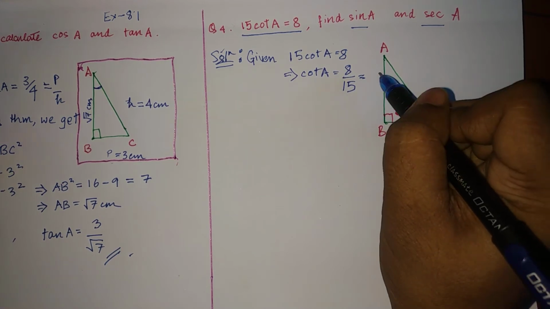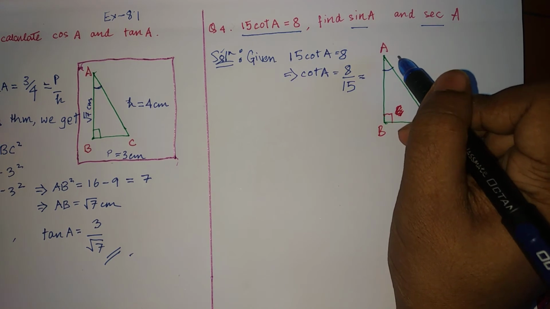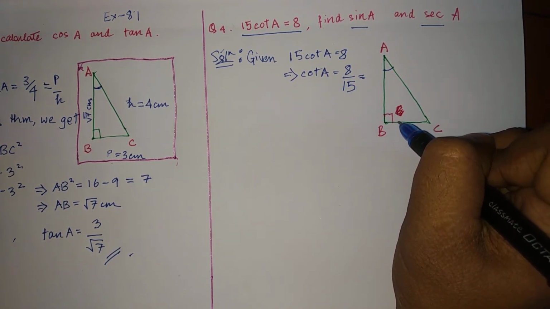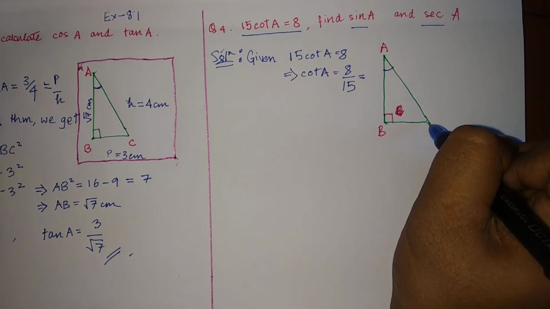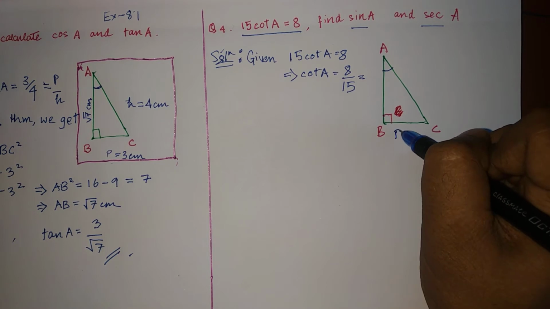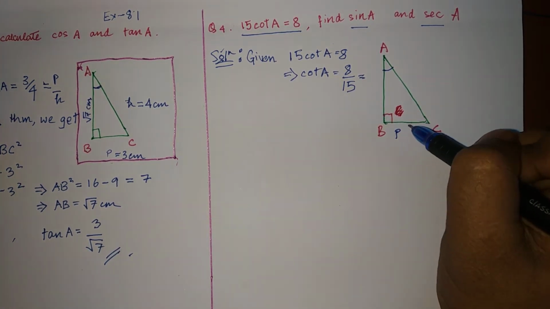We have taken the given angle as A, so the base will be the side adjacent to the given angle, which is AB, and the perpendicular will be, this is P, the side opposite to the given angle.